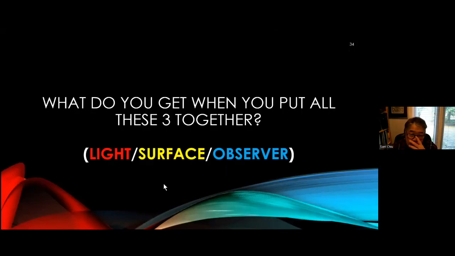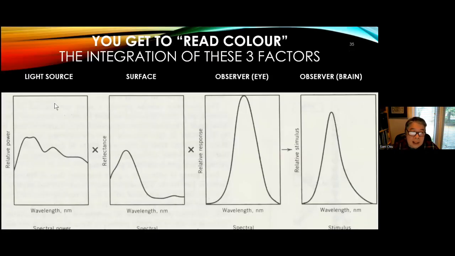So now I ask you to put three things together: the light source, the surface that we are observing, and the observer. The light source is an energy curve, the surface we are looking at, the stamp, has special properties when a light is shined on it, and then our eyes.